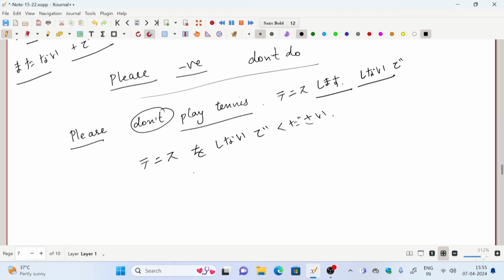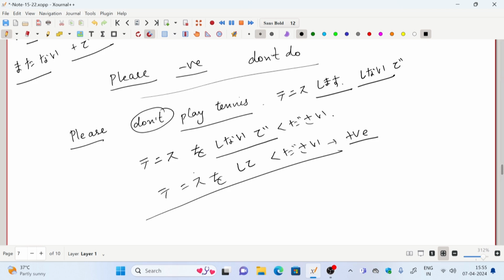Tennis o shinaide kudasai. If we say shite kudasai, it will become positive. Tennis o shite kudasai. It is a positive sentence. Please play tennis. We say shinaide kudasai. It is a negative sentence.